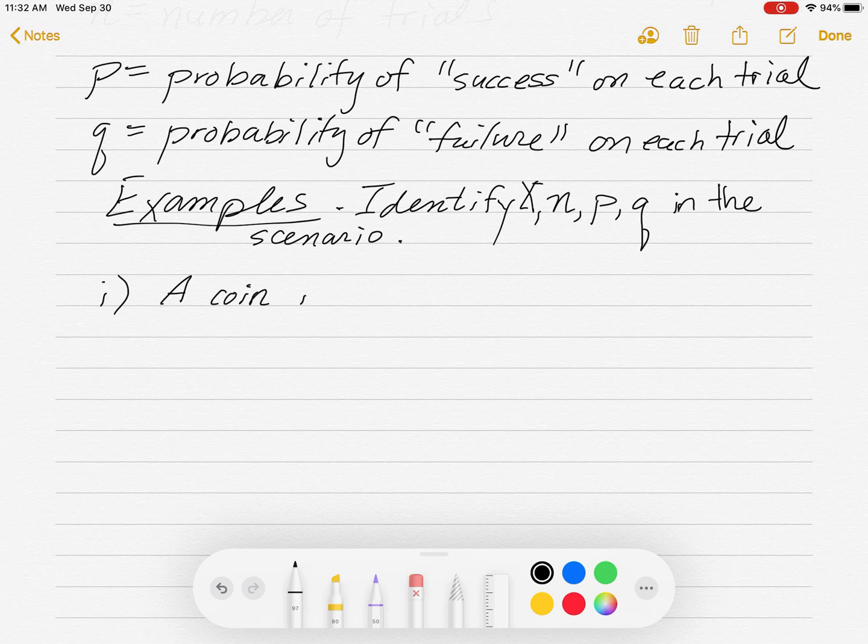Okay, so number one, a coin is tossed 5 times.